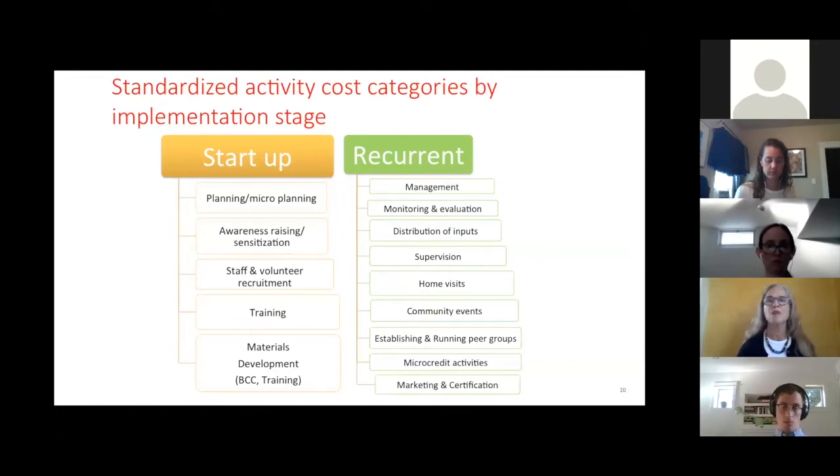In the case of model farms, one might think about allocating the cost to home visits, which include agriculture extension, or perhaps distribution of inputs. Now, we understand that, for instance, a home visit might also include behavior change communication. And so we'd make sure, as we allocate our costs, not to double count.